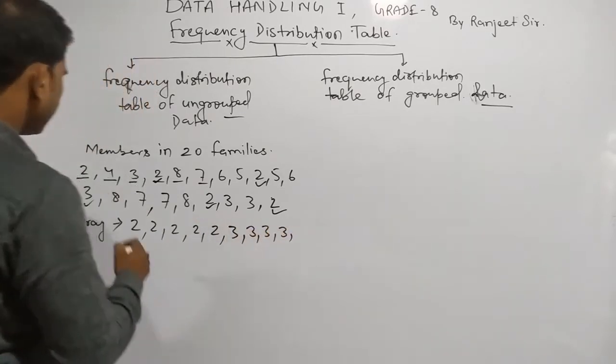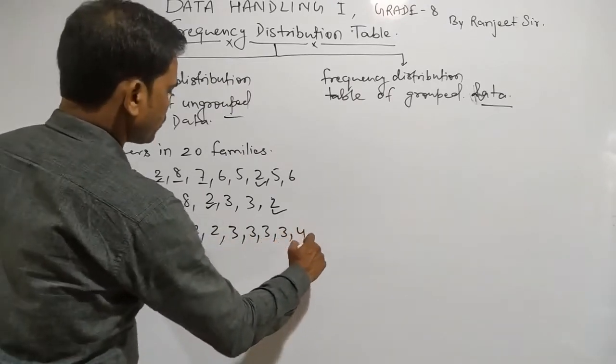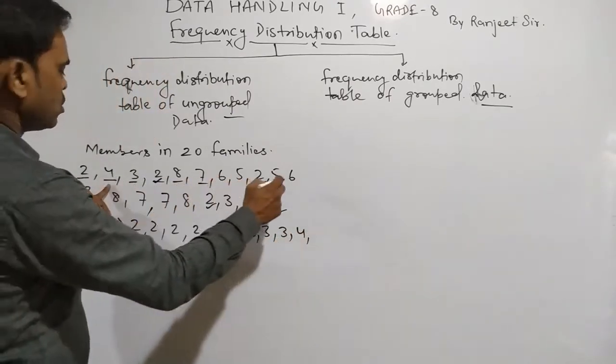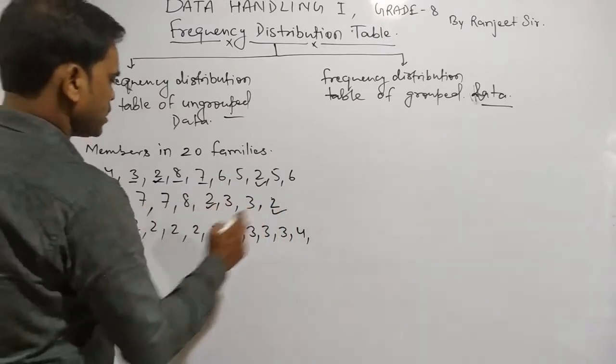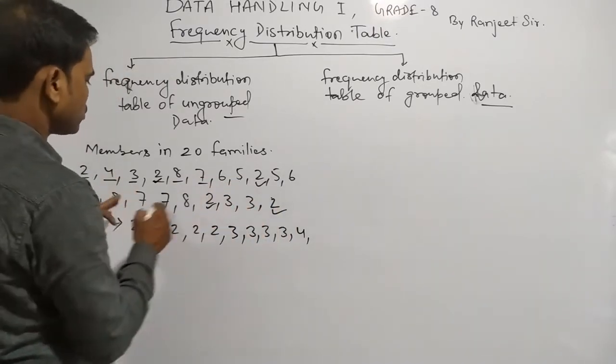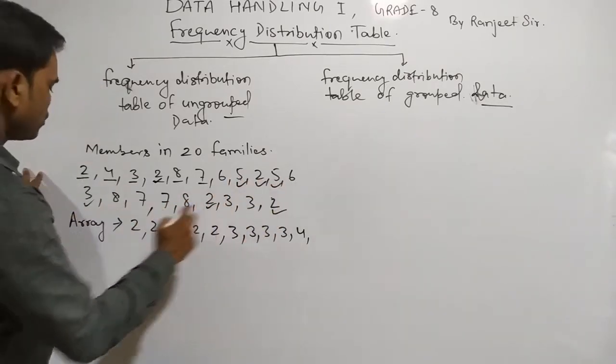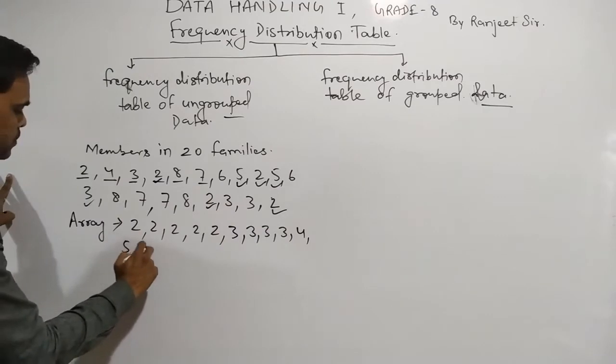Okay. The next one is 4, that we need to write one time. Then we have 5 also, 2 times 5 is there, so we'll write it.